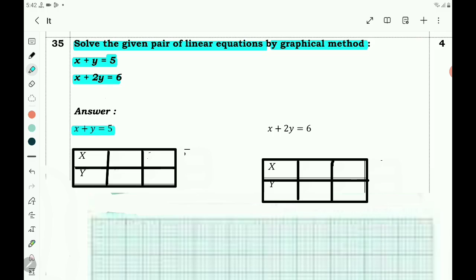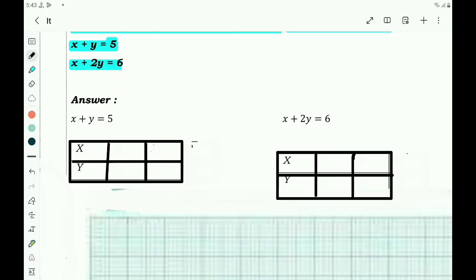Here you take x value 0. If x is 0, you write x equals 0 here. Then directly y is equal to what? 5. Then you take y value 0. If x is 0, then y is 5.